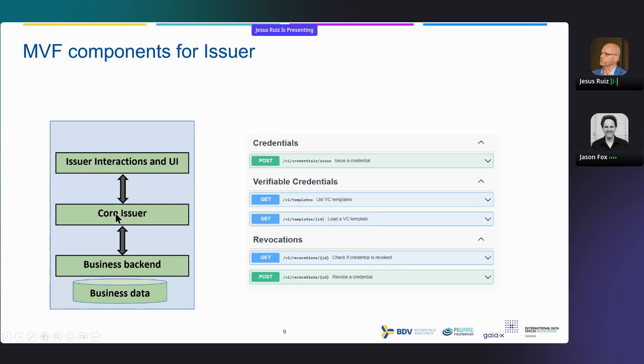You will have core issuer components that give you the ability to integrate verifiable credentials with the existing business backends. Essentially, to simplify the whole thing, the role of the issuer is to get business data and then generate the JSON structure for a verifiable credential, digitalizing this, and making this available for the holder to get the credential.